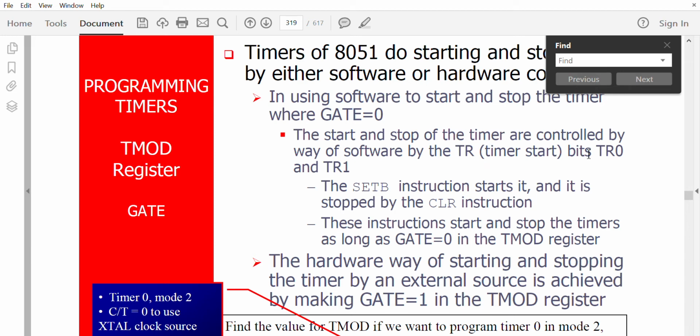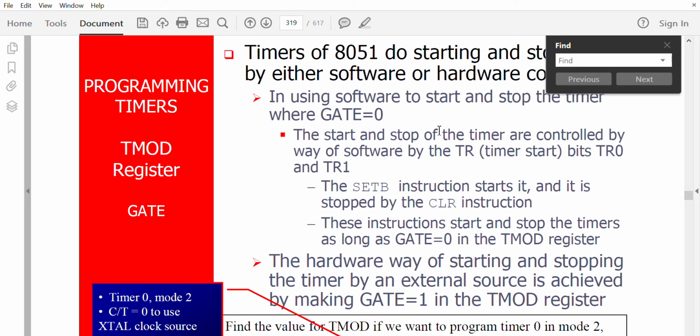Just understand that the start and stop of the timer are controlled by way of software by the timer start bits TR0 and TR1. If you give set bit, it will start, and clear will stop it. We'll come to that instruction later on. This will happen as long as gate is equal to 0 in the TMOD register. So that is the software part.